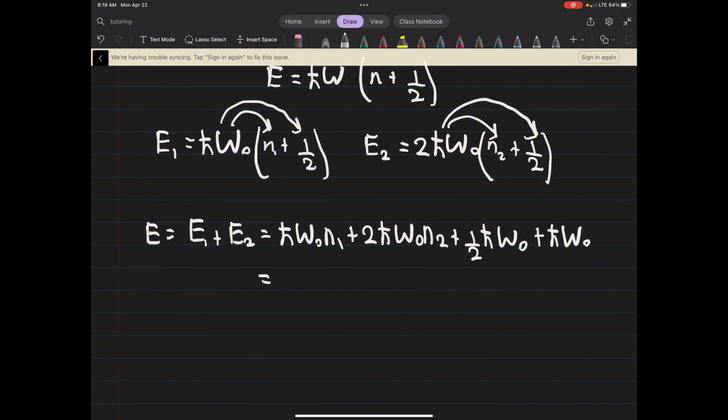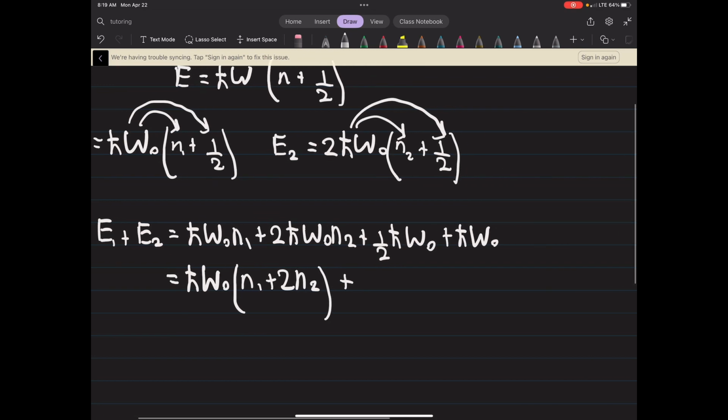Now we can factor out an h bar omega naught here, and we're left with N1 plus 2 N2 plus 1/2 plus 1 is 3/2, so 3/2 h bar omega naught.